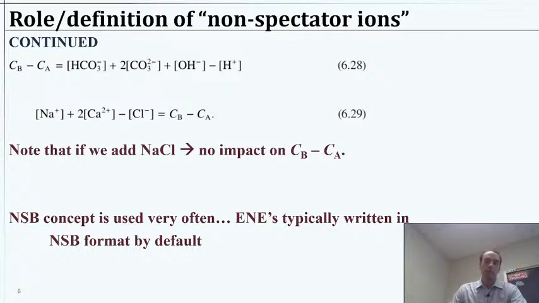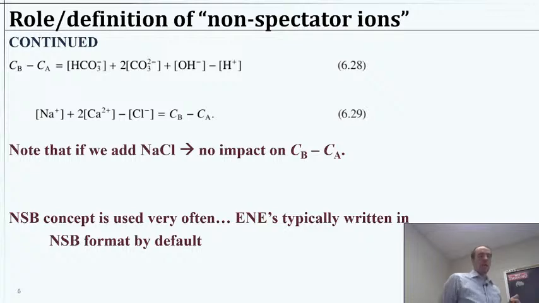You could even do the same thing for calcium chloride, CaCl2. For every one Ca, you'd be adding 2 Cls. So we can see that's not going to have a direct impact on this net strong base calculation.